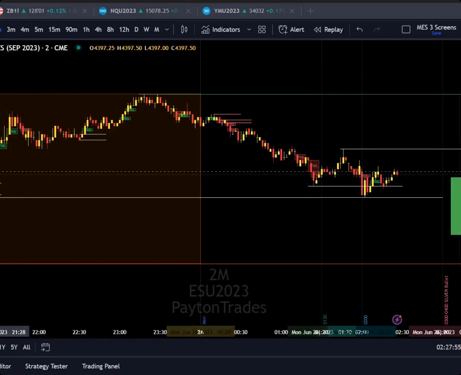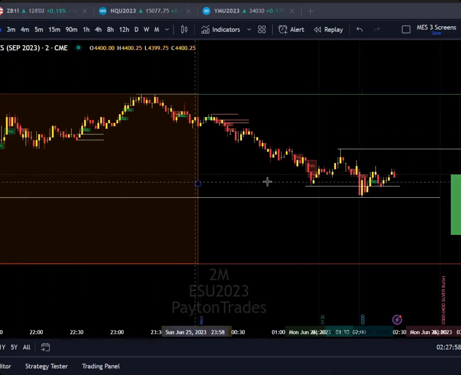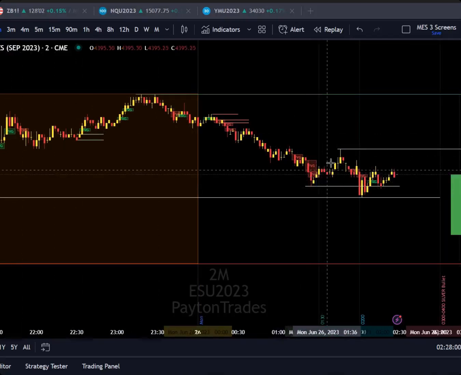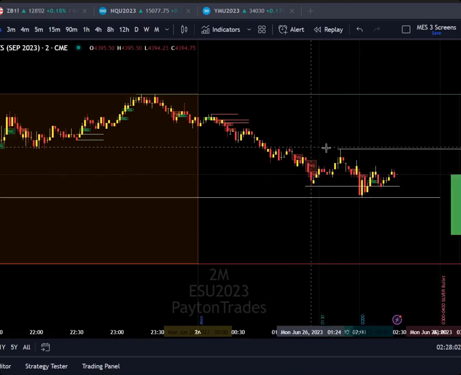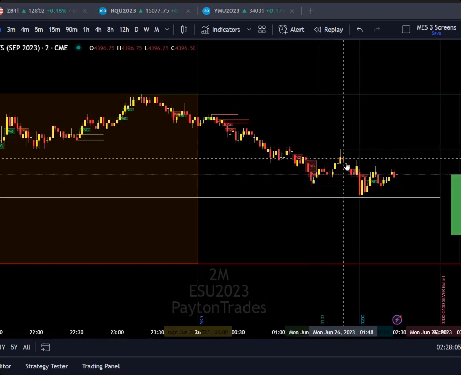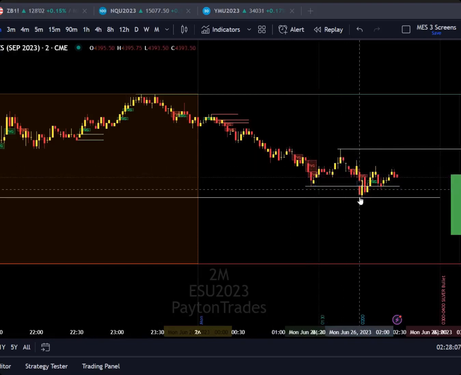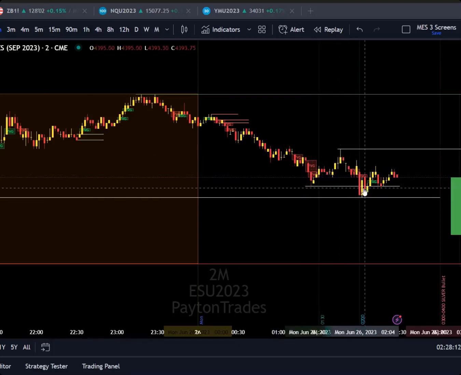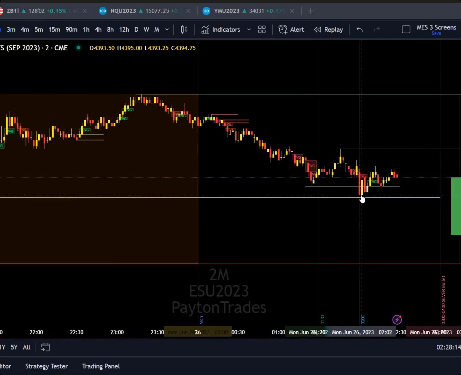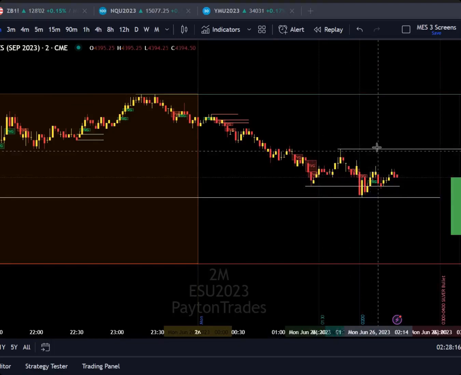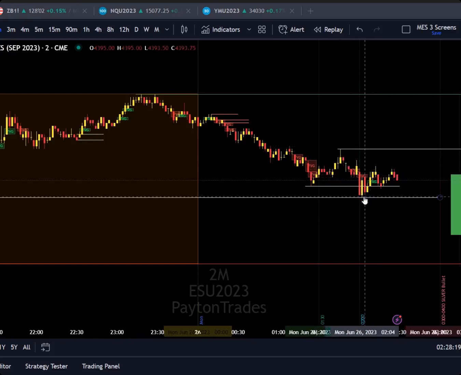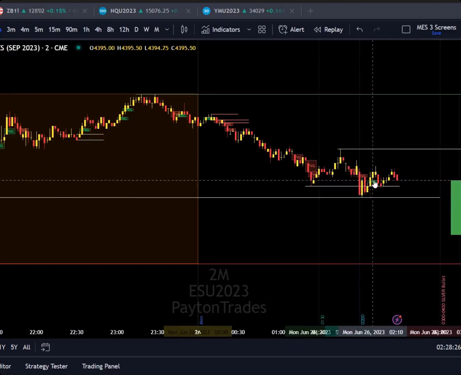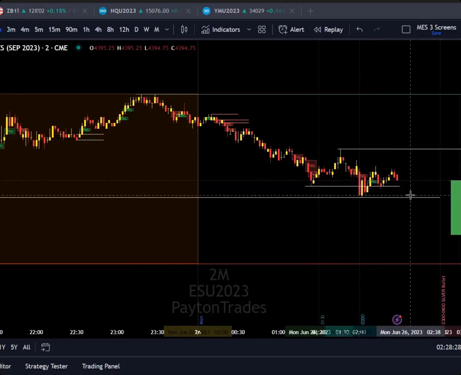And what price likes to do is, once it takes out those lows, it'll go back up and take out highs, short term. Then it'll come down and take out short-term lows. So you see it went up, took out the high, came back, took out the low. Now it wants to go up and take out the high that started the low. May not go that high, but let's see.